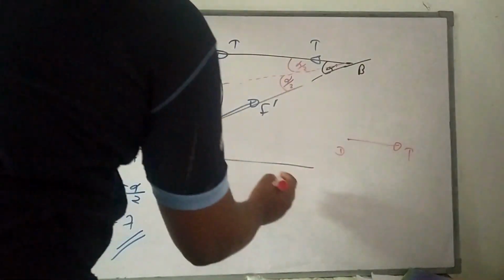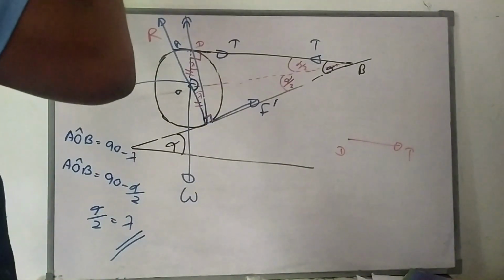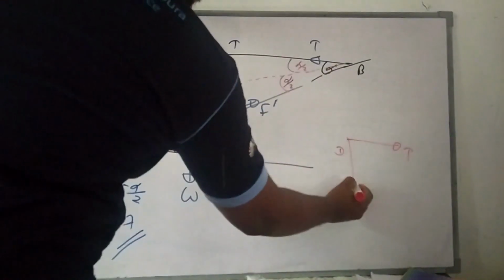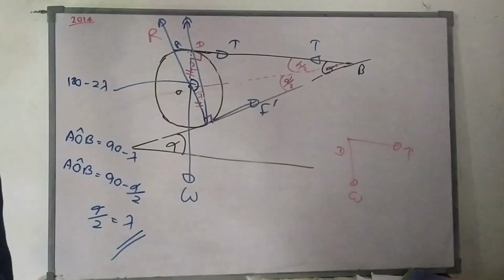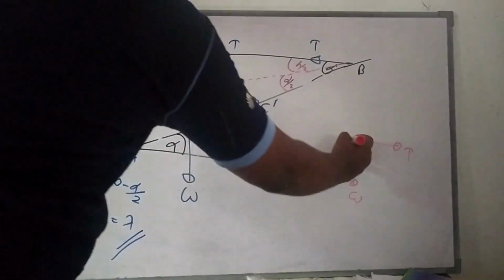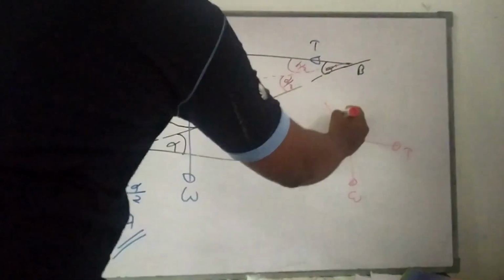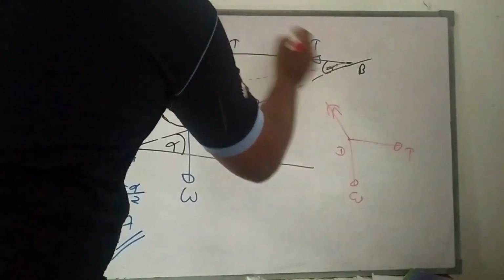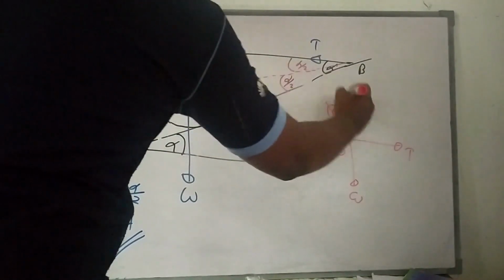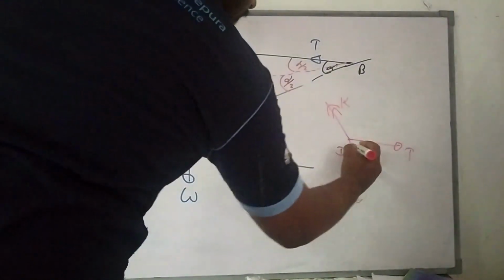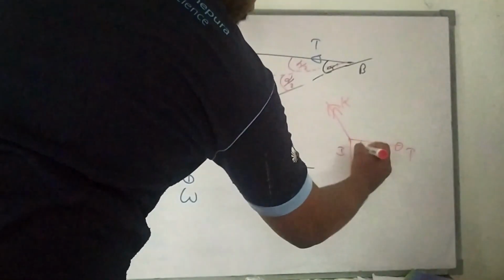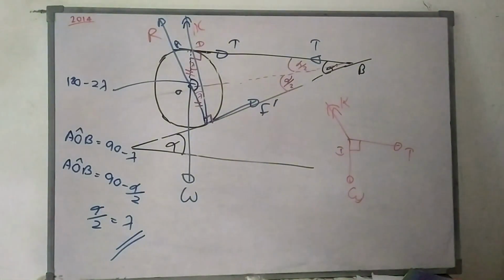So I'm just considering the equilibrium of the hemisphere. These are the forces, no? This is the resultant value, K. The weight is directly down. The tension is also horizontal because they have given that.